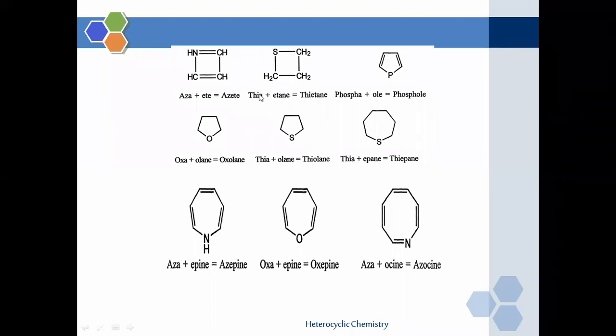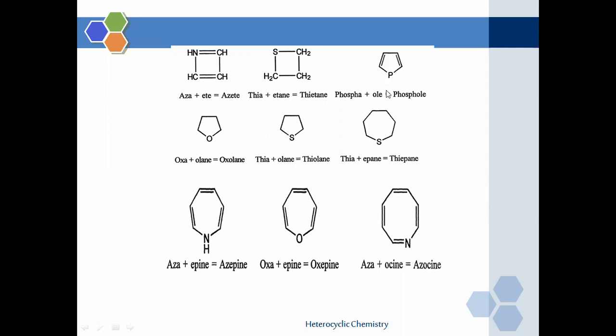So that time the letter a, which is used in the prefix, will disappear and the name is combined with the stem of the compound, that is thietane. Then again, phosphorus is a heteroatom and it is a 5-membered ring.